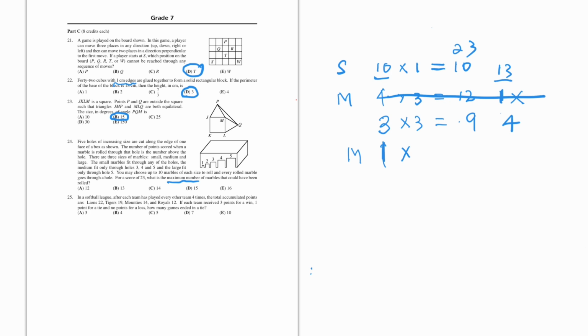Let it go through the number 4. So the points is 4. Now we get all the 23 points: 10, 9, and 4. The total number of the balls is 10, 3, 1. Total is 14. The answer is C.